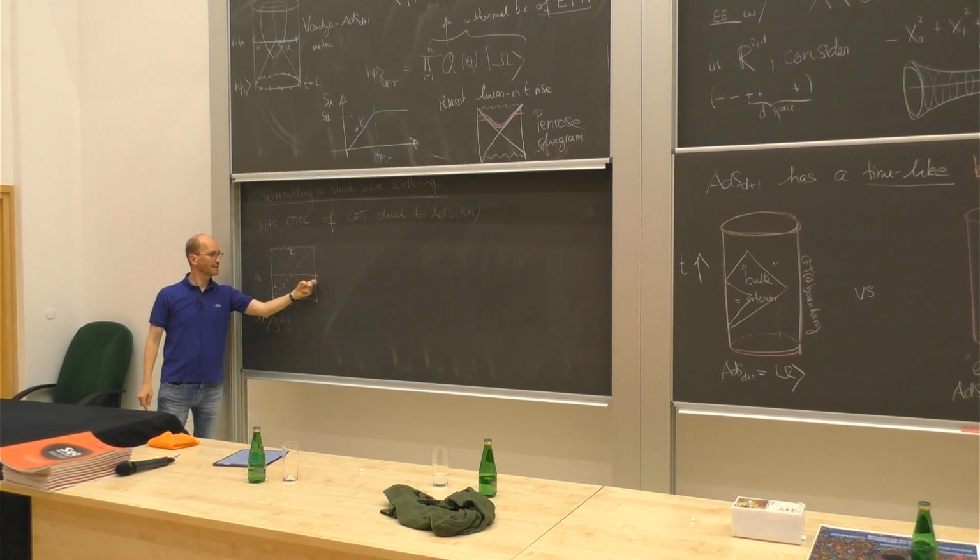You can calculate the two-point function also exactly, but you'll find that in the limit where there is a classical geometry that emerges, in the semi-classical limit, it's basically well approximated by the length of a geodesic.